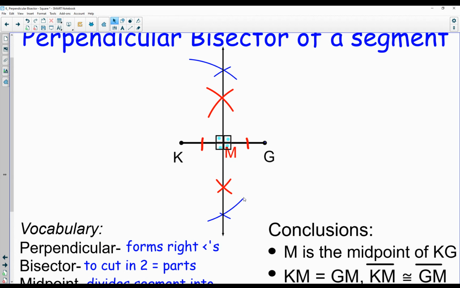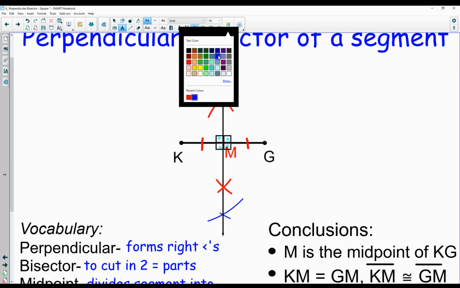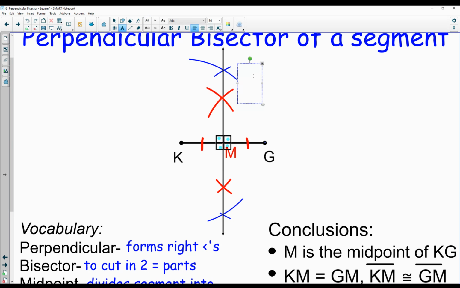I'm not going to work to name the angles, although I'll show you how to name an angle quickly. I'm just going to name one of them. In order to name an angle, you need 3 letters, or you need to put a number in the angle. So I'm going to just put a letter up here.